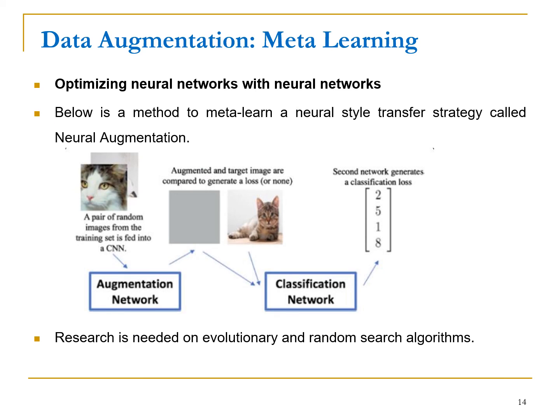Finally, we have meta learning, and in meta learning, the research is still going on. One method is known as neural augmentation. So the augmentation network is a CNN, and this CNN picks up two images randomly from the dataset and generates a new image, and that new image is now subject to a neural style transfer.